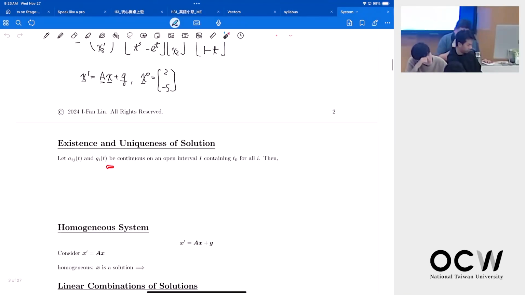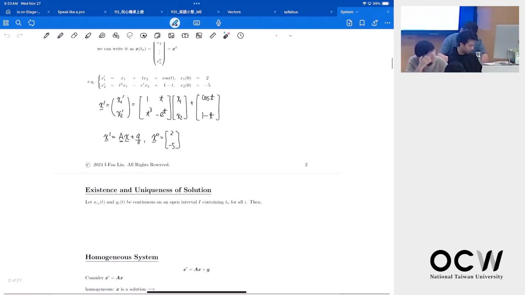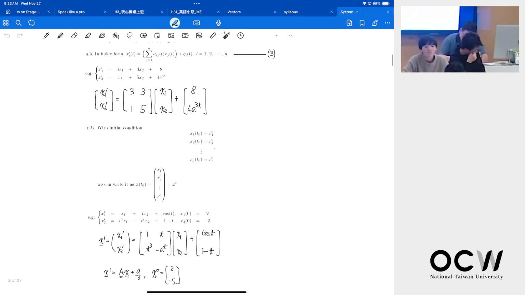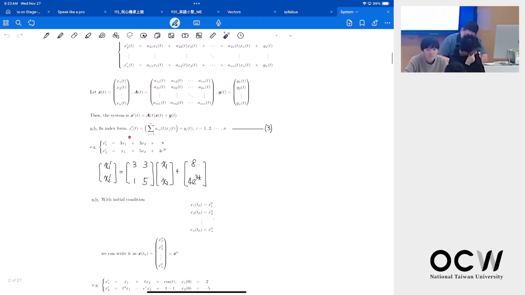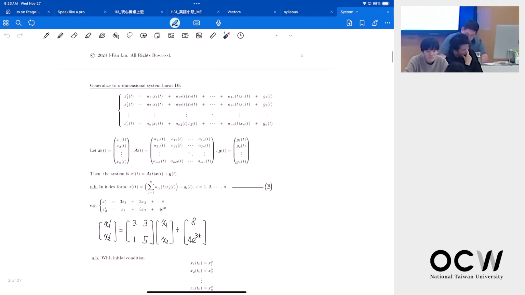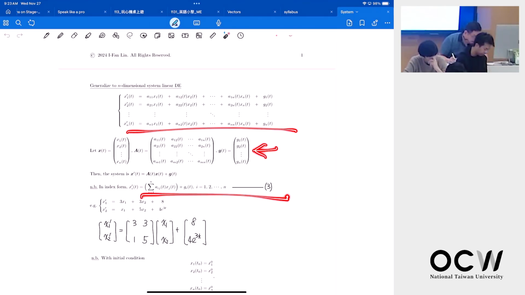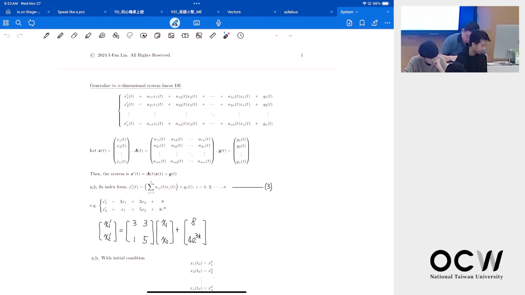If they are continuous, then this system has a unique solution with the initial condition.